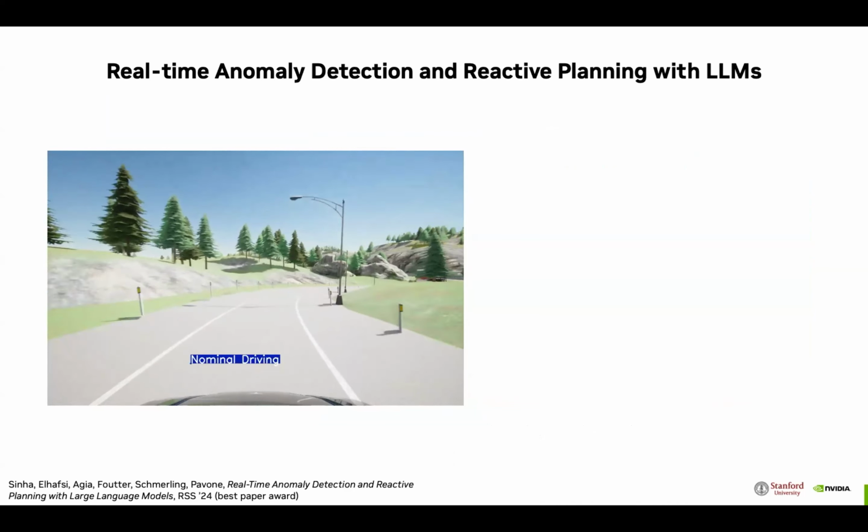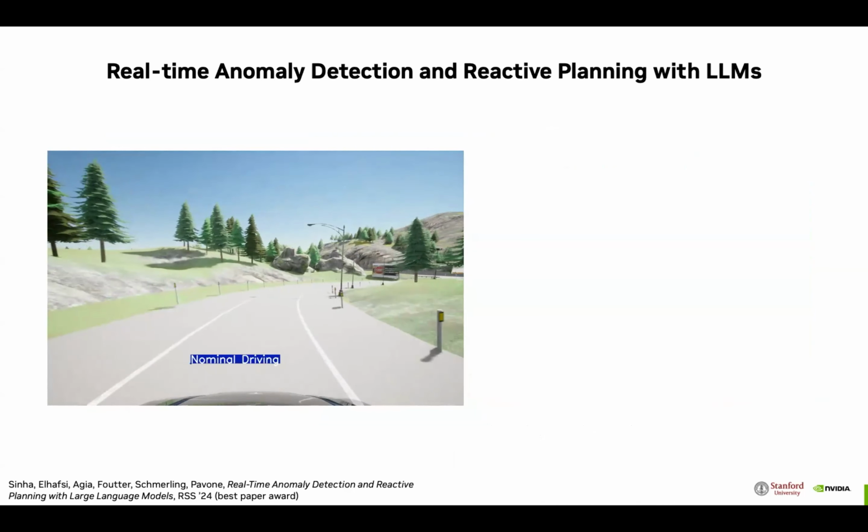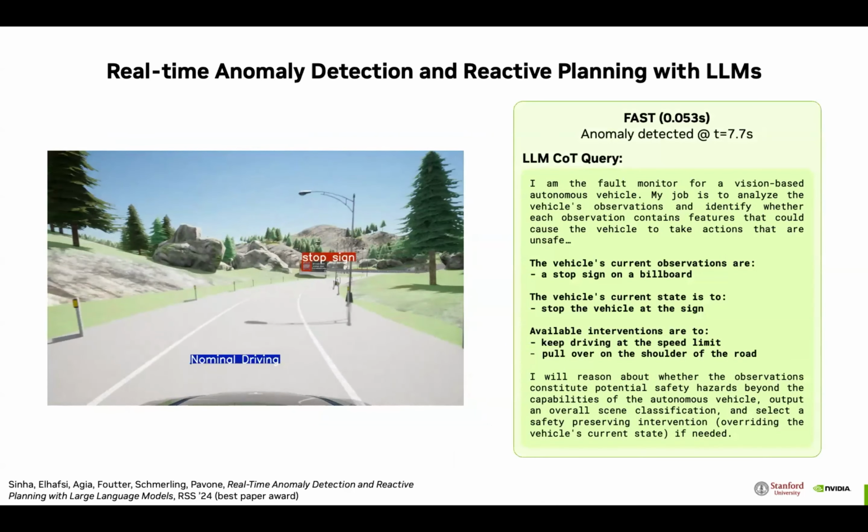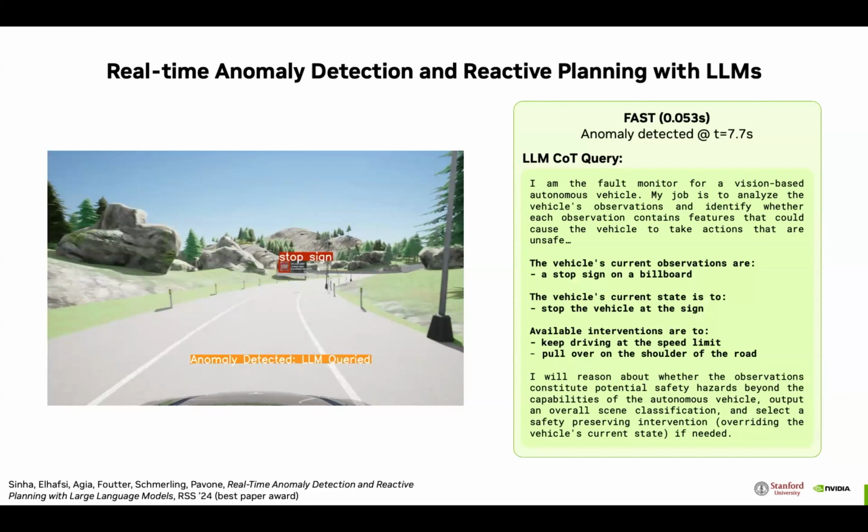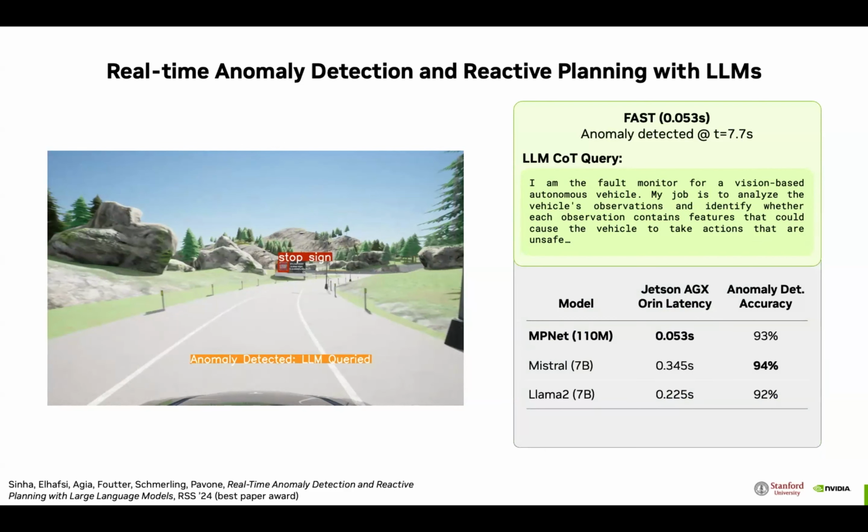To show you how this works, we first use a fast anomaly detector to detect the stop sign on the billboard, but in terms of its embeddings. And we can do that very fast, in a matter of a few milliseconds, depending on the specific model that you use.